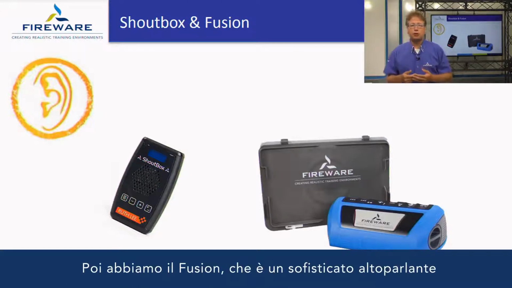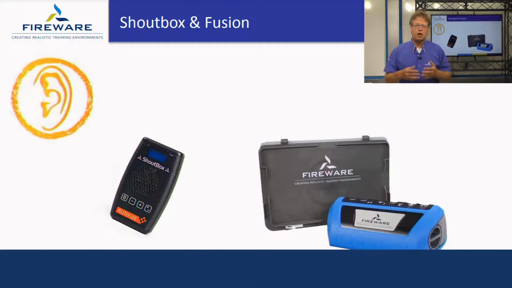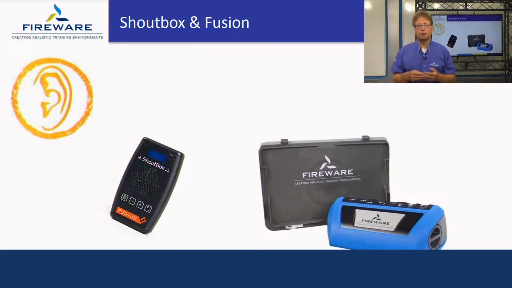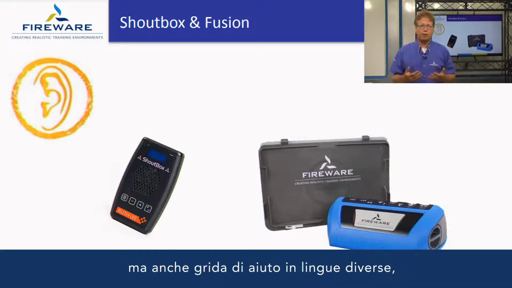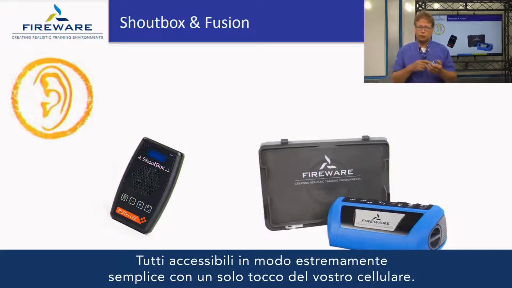Then we have the Fusion, which is a sophisticated audio player which you can control with your smartphone and has over 36 different sounds you can use in an exercise. Not only fire sounds or collapsing buildings, but also shouting for help in many, many different languages, leakage, barking dogs, diesel engines, all kinds of equipment, very easily accessible with a touch on your mobile phone.